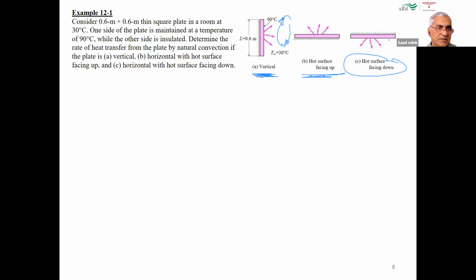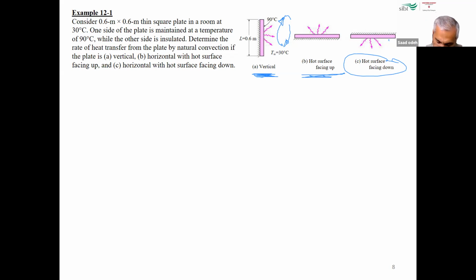We called it fin last time, remember? So we need to find out how to put the fins: vertical, horizontal but upward, or horizontal and downward? We need to see which one gives us more heat transfer, because the more heat transfer we have, the more cooling to the component.